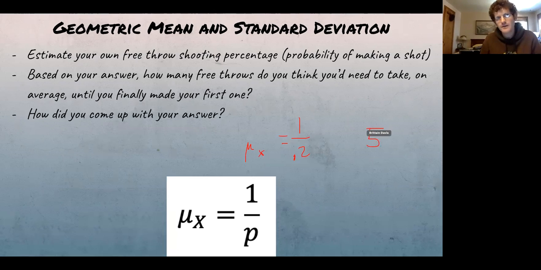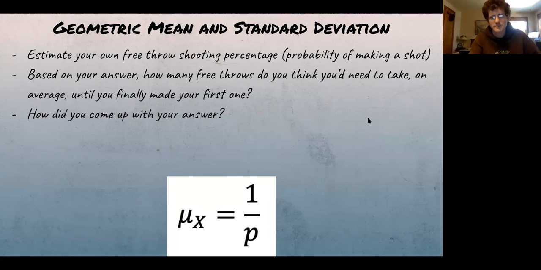And you think, okay, well, 20% of 5 is 1. So we're getting the reciprocal of our probability. That'll tell us how many shots we might expect until we get our first success. If you have a 10% chance, and you take the reciprocal of that, you get 10. So we would expect 10 shots until your first success. It's a very straightforward formula, and hopefully a very straightforward concept as well.